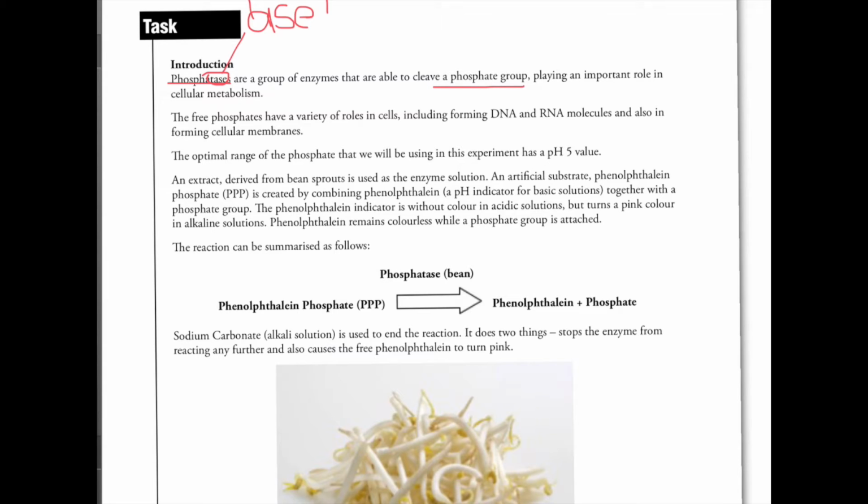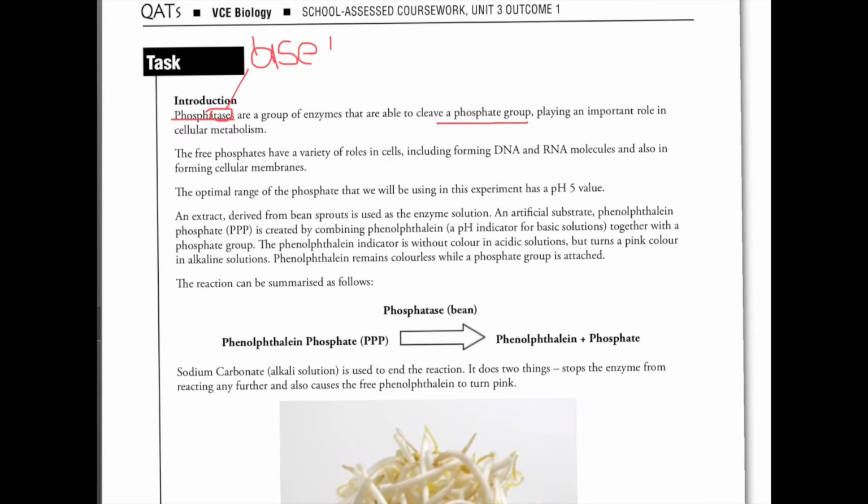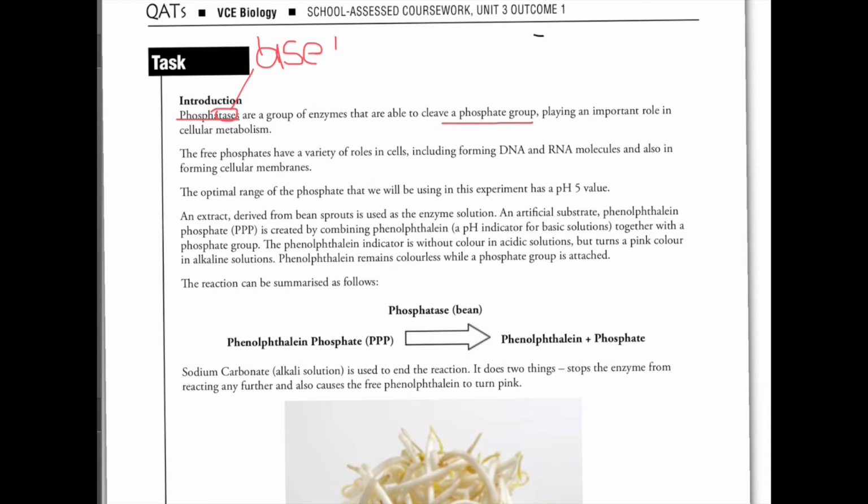All right, so I want you to start thinking about this sort of thing. Phosphate, you would see in ATP, you would see it in a nucleotide, and you'd also see it in a phospholipid.